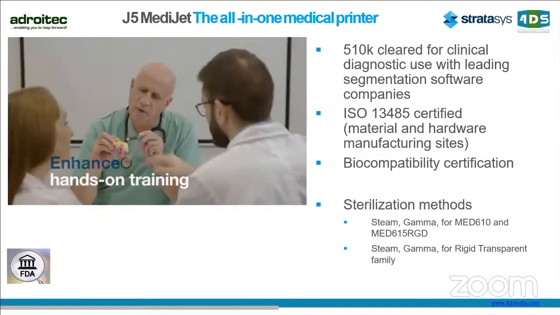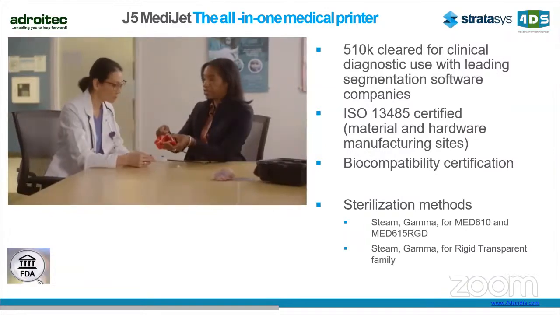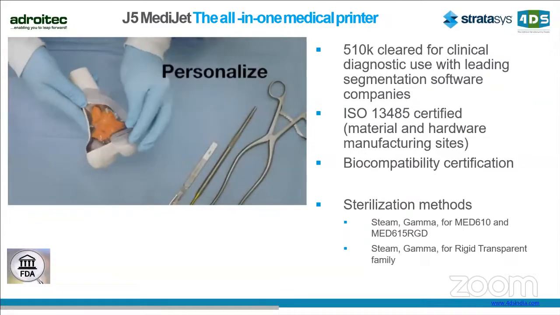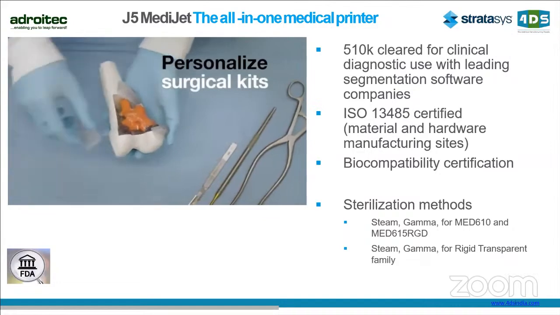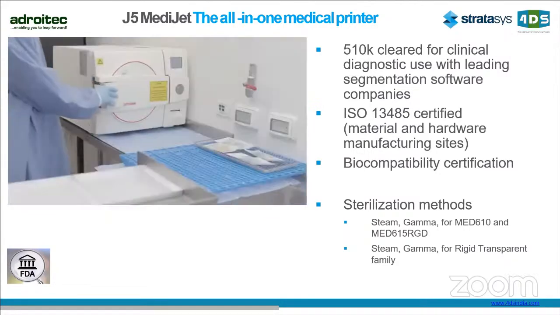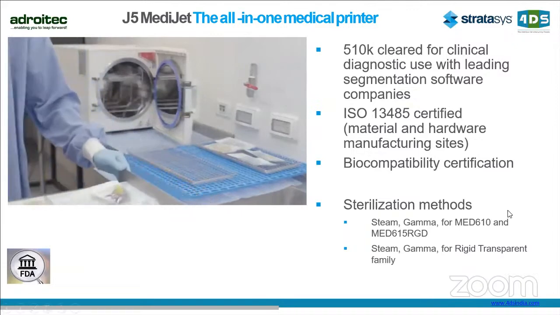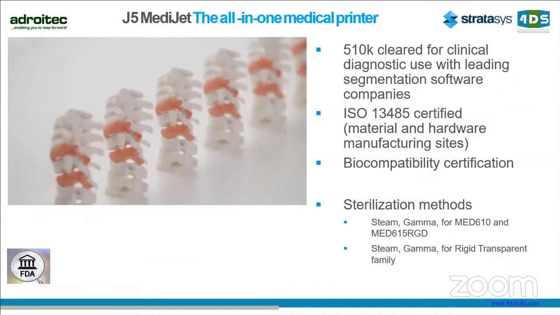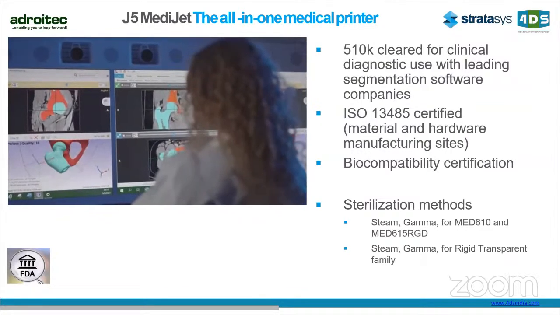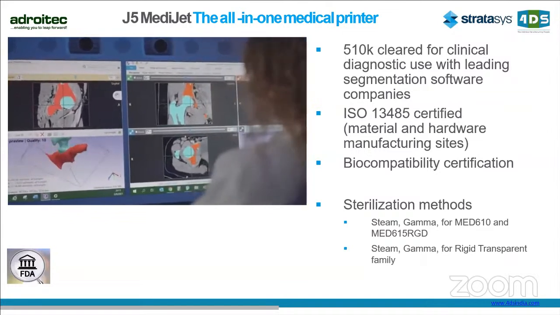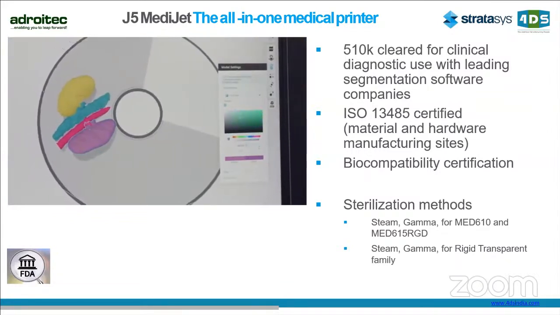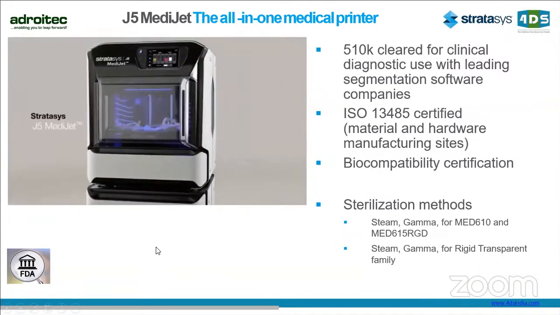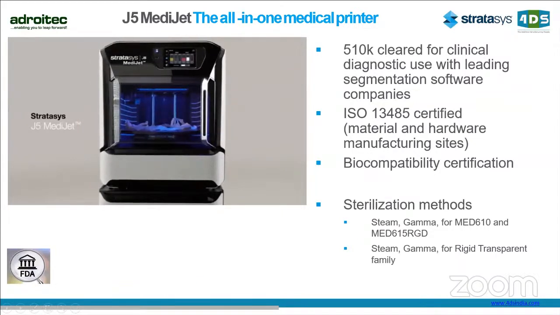Enhance hands-on training in the classroom or in the field with product demonstrations using models that replicate the disease state you're intending to treat. Personalized surgical kits to patient anatomy with precision drilling and cutting guides, all made of strong, biocompatible, and sterilizable materials. And accelerate product development with consistent, high-fidelity samples. Our solution is 510K FDA cleared with leading segmentation software. And customizing models is easier than ever with our GrabCAD Print software. The J5 MediJet all-in-one medical printer, the new standard for medical printing.